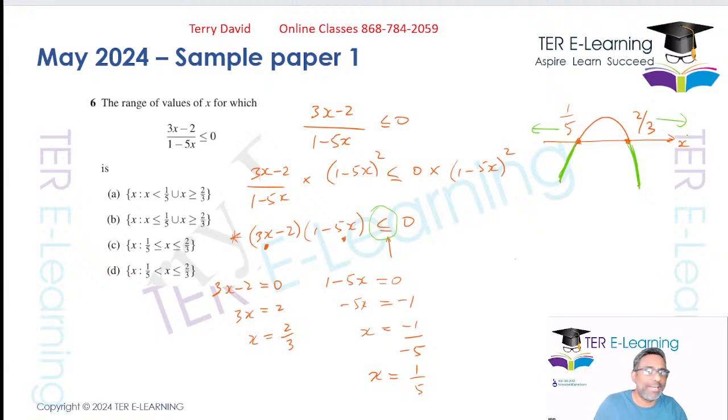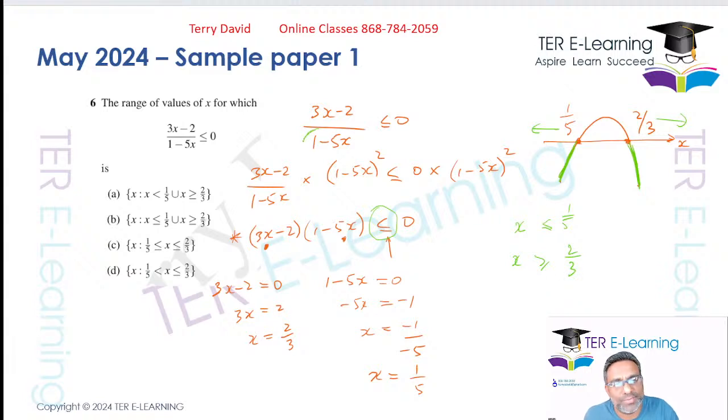But there's a little thing that we have to be careful with here as well. So in terms of solution, x has to be less than or equal to 1/5, and it also has to be greater than or equal to 2/3.